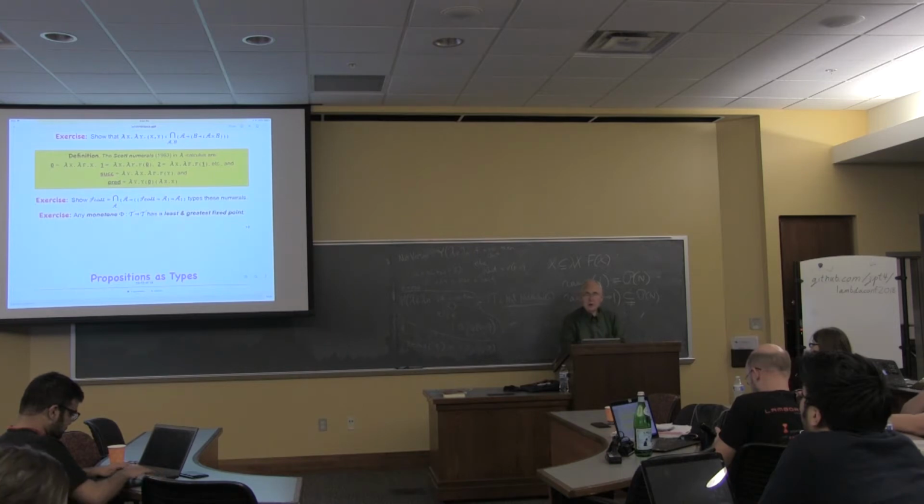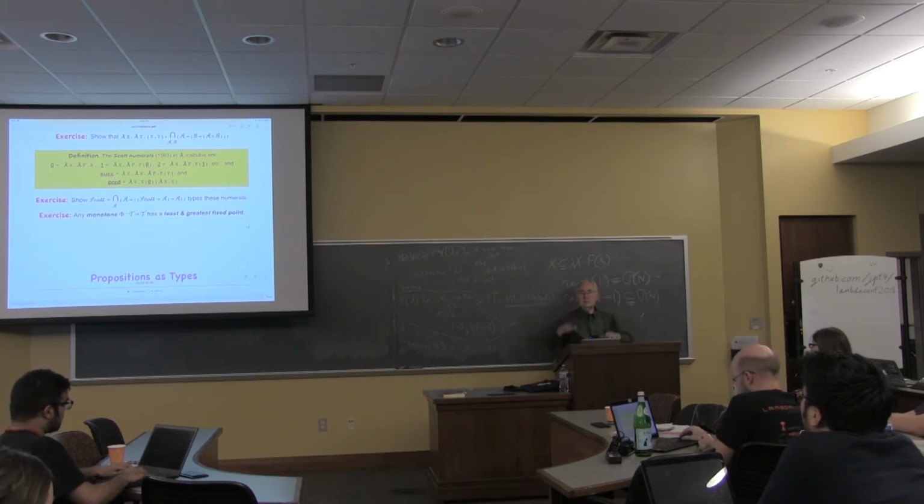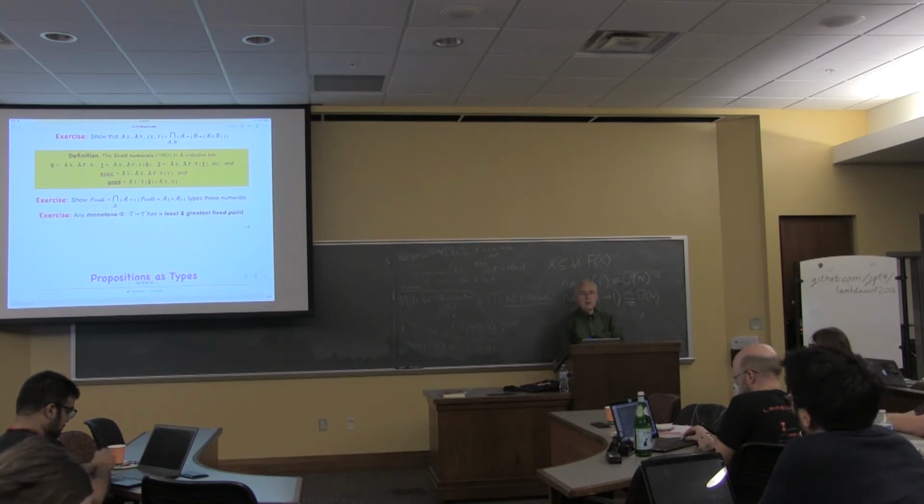When you go to types, the arrow operation is no longer monotone, because if you think of the type from A to B, if there are more B's, there's more. But if there are more A's, there's less, because the things go the opposite way. So it's not a monotone operation.